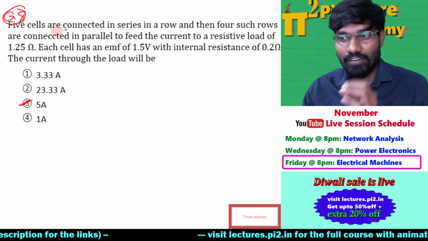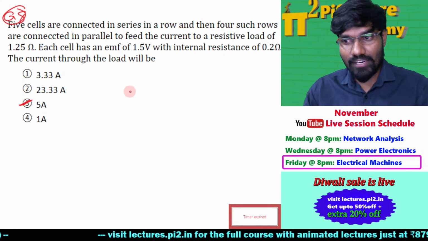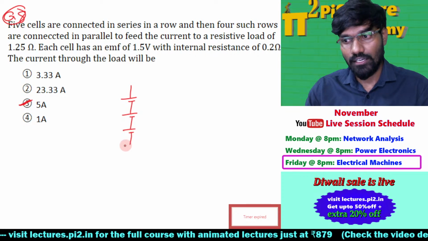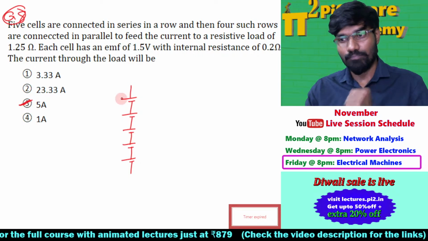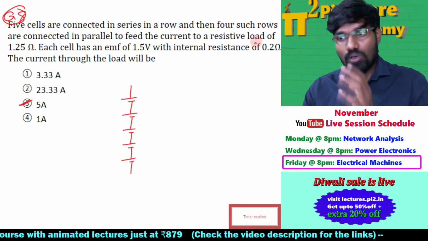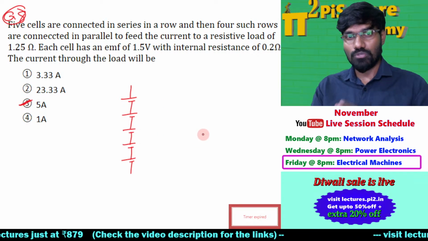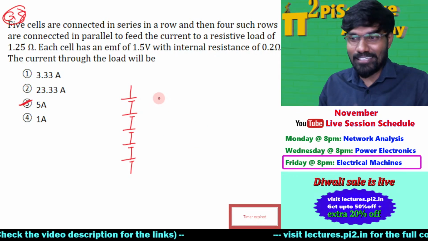Here it is said 5 cells are connected in series in a row, 1, 2, 3, 4, 5. And 4 such rows are connected in parallel. That's 4 parallel paths, as you can read for DC machines.